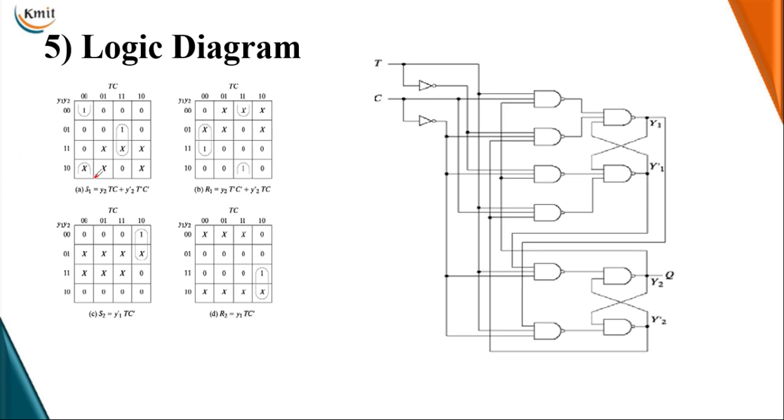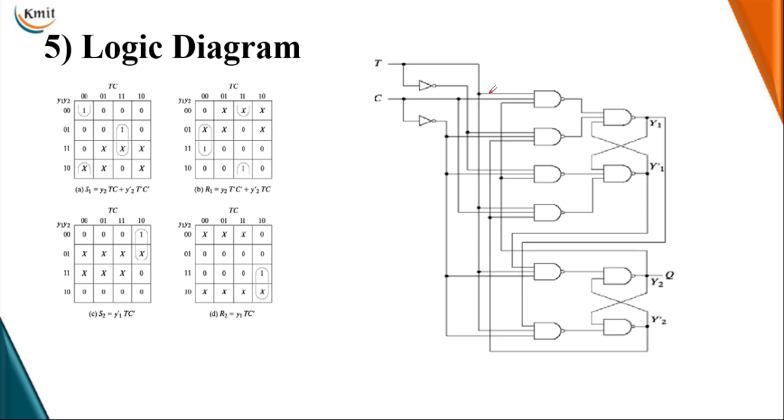So now, using these expressions, we are going to draw the logical diagram here. So these two are your SR latch inputs. So S1, R1 and here S2 and R2. As S1 here is equal to Y2 into TC plus Y2 bar into TC, so hence here we connected Y2 into TC.